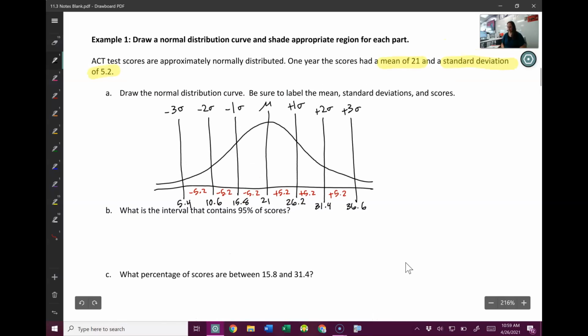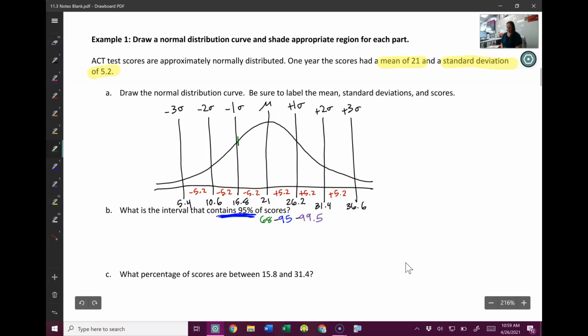So next one, it says, what is the interval that contains 95% of scores? So this has to do with the 68, 95, 99.5 rule. So let's go back to our normal curve and write these rules in.